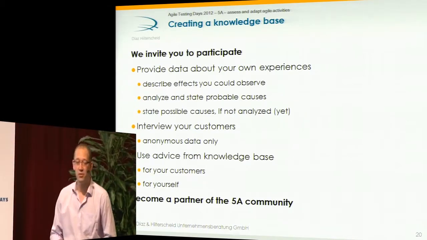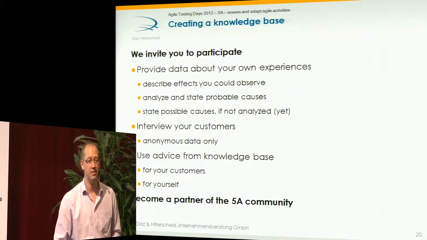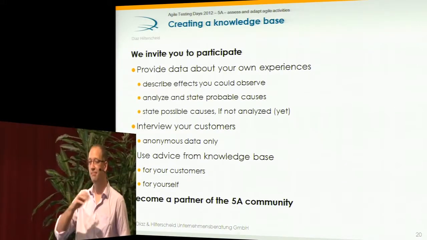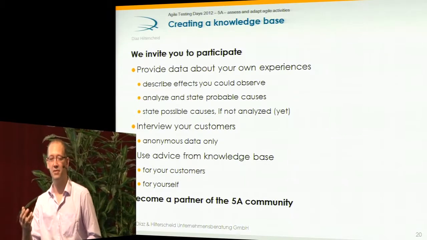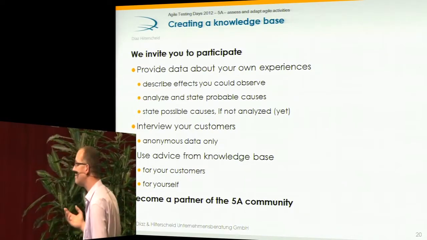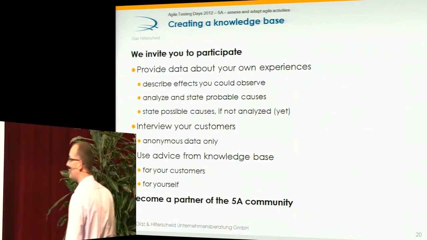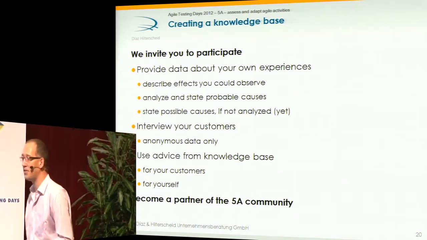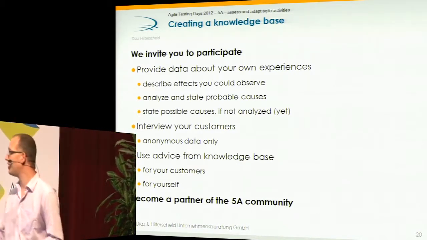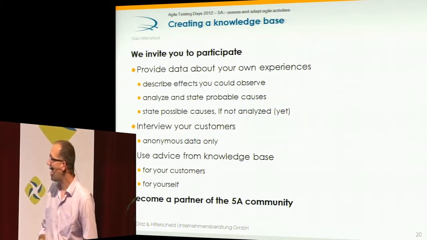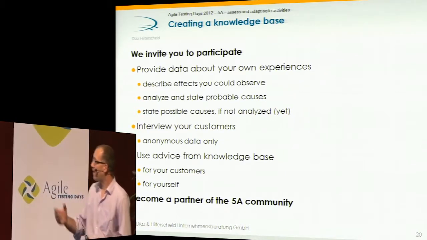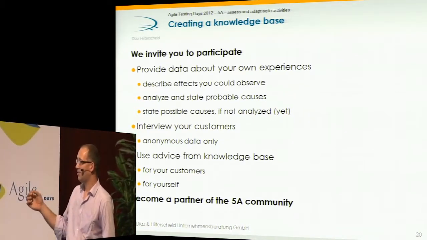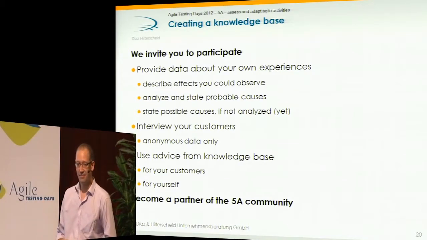And if you have 2 A's, there's nobody that will come before you. If you have 5 A's, chances are really small that people have a model or an idea that comes before you. And 5A says adapt and adjust agile activities.